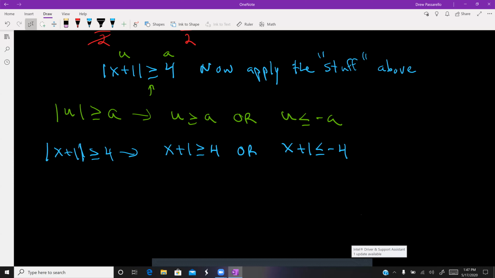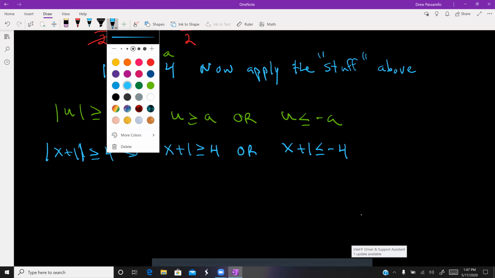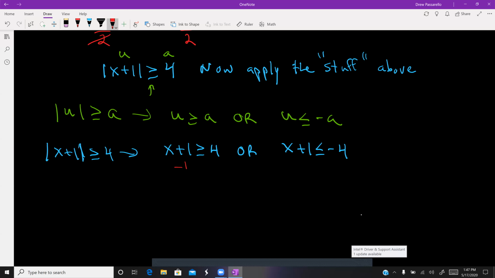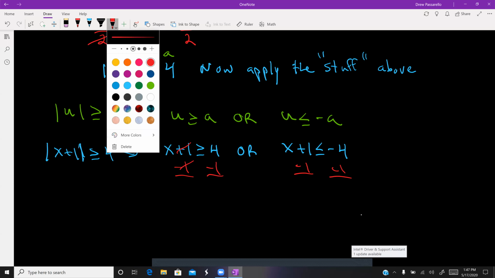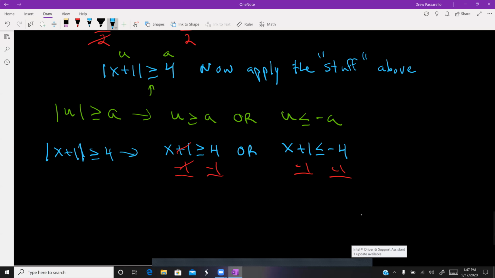That's going to be important when I get down to the final solution. So for both of these, I just subtract 1. So I have x greater than or equal to 3, or negative 4 minus 1, that's going to make negative 5, or x is less than or equal to negative 5.